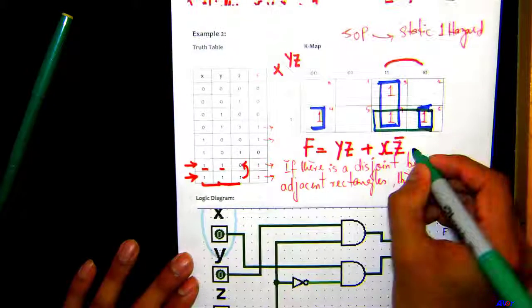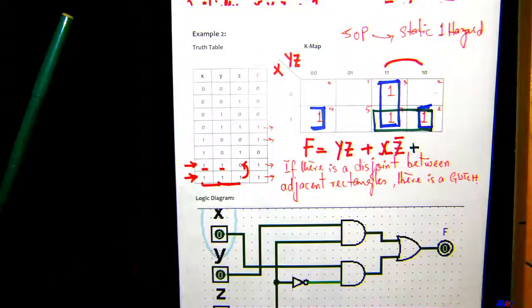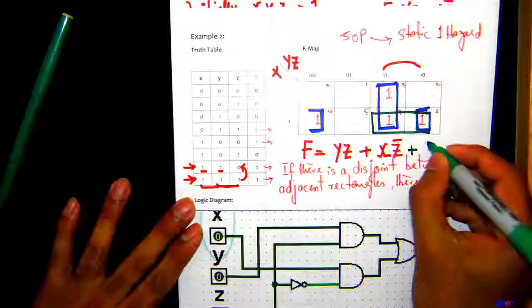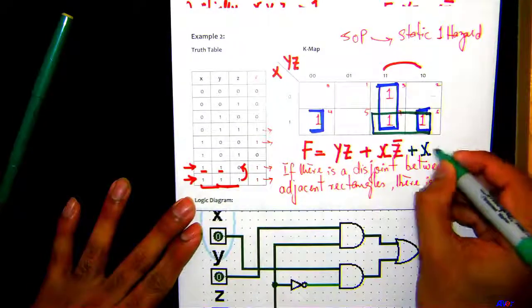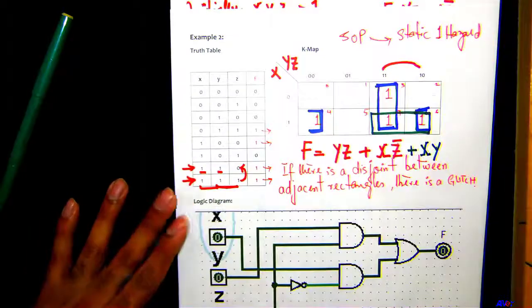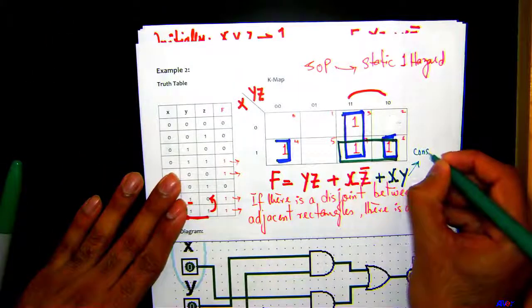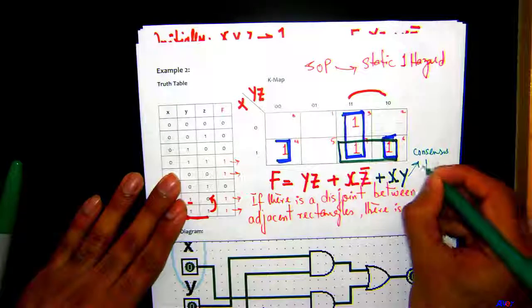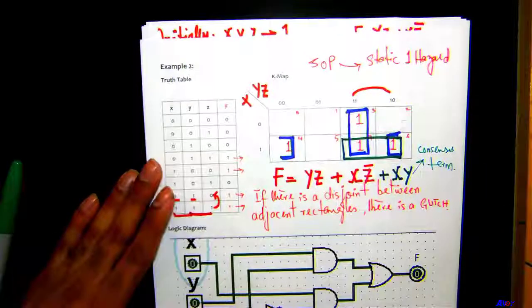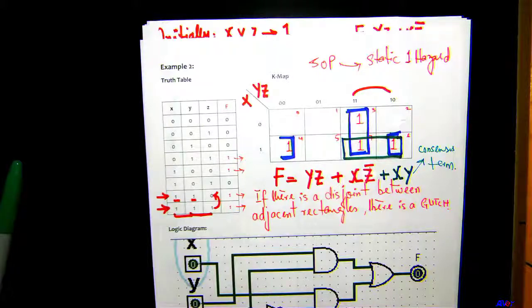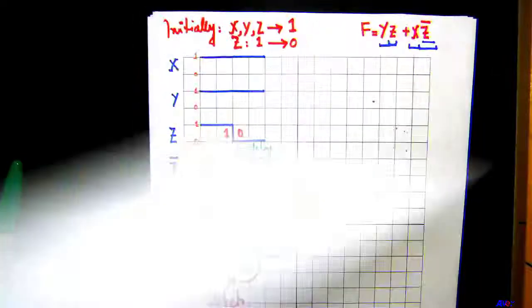So you're going to have an extra term here, and what would that extra term be? What is the expression for that? X, Y, correct? We would call this term the consensus term. Okay, we'll go back to our grid sheet right here.